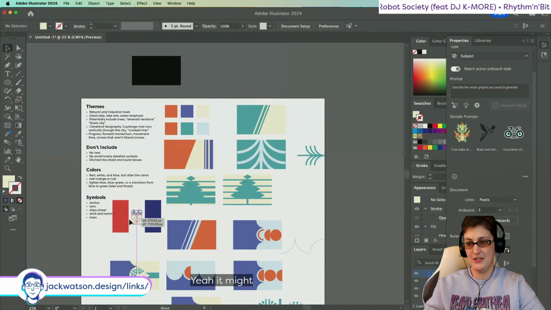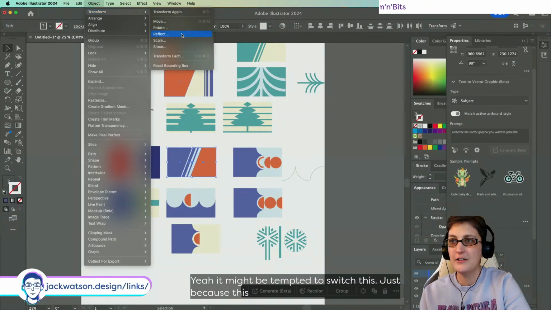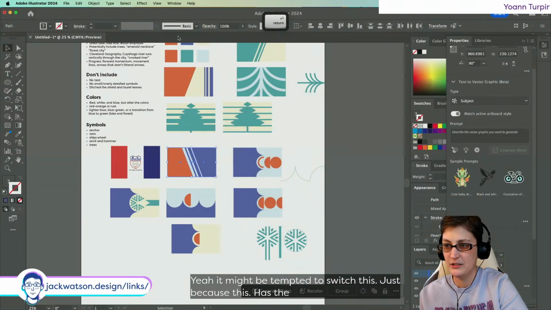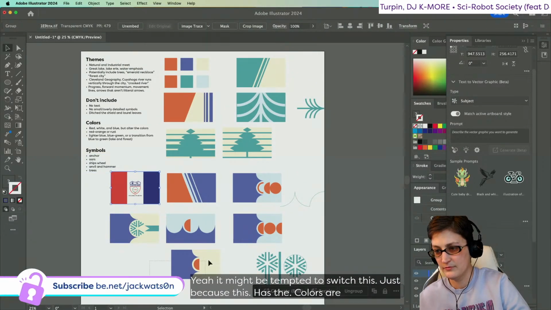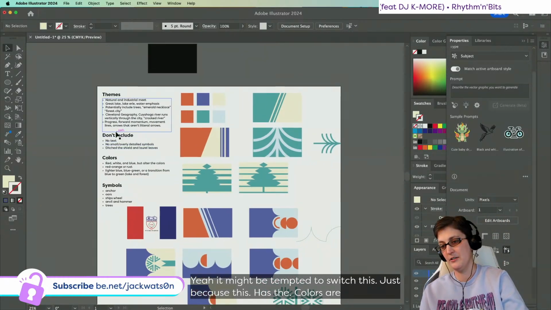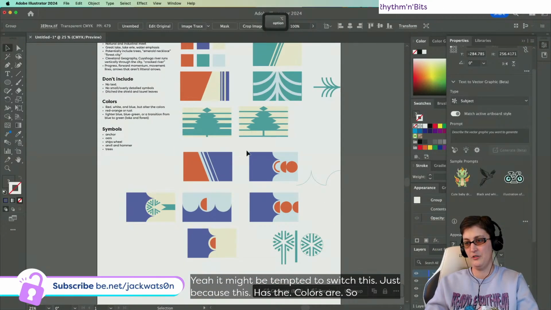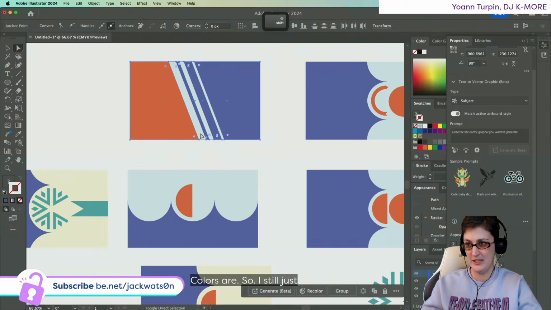I might be tempted to switch this, just because of the way the colors are. So, it should go the other way. I still just like this idea.